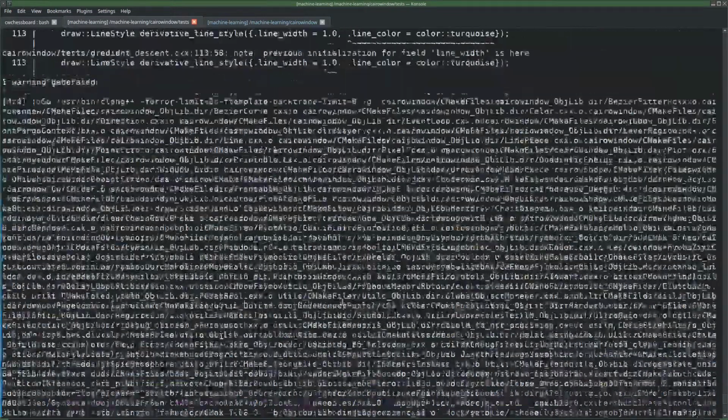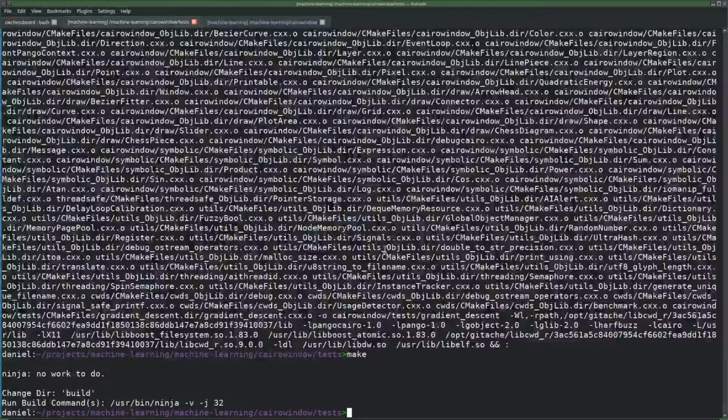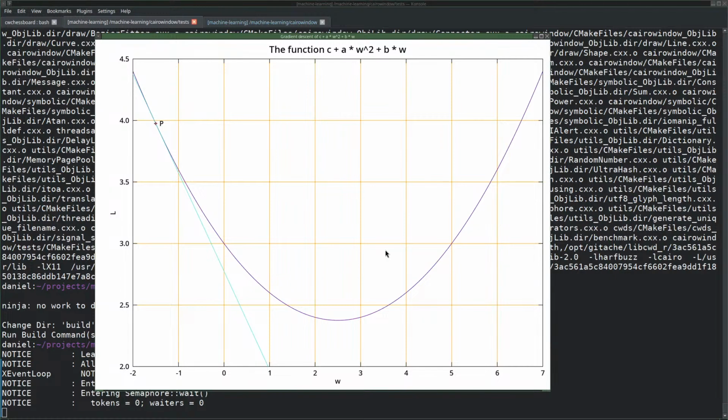Oh no, that was the previous one. Yeah, now it worked. And that looks like a tangent line, so I guess we succeeded here.